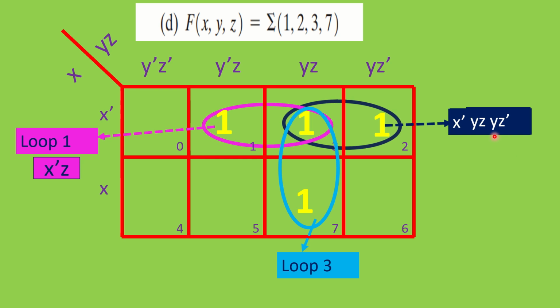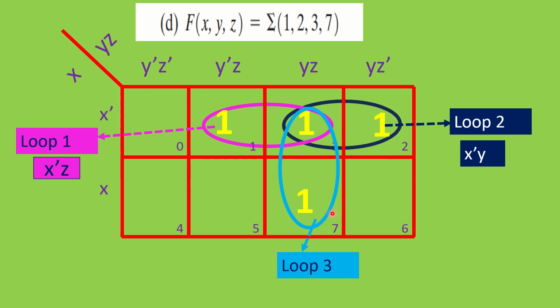So now we get x'yz z'. Here we have the complement and the original values z and z', so they cancel, and y is repeating, so it is redundant and can be removed. So we got the simplified expression x'y for loop 2.